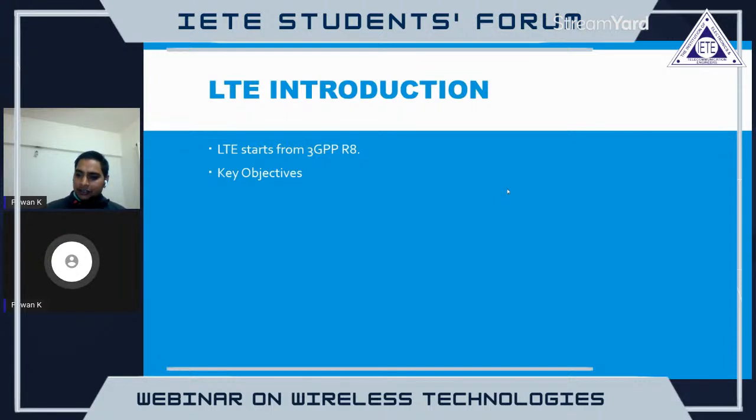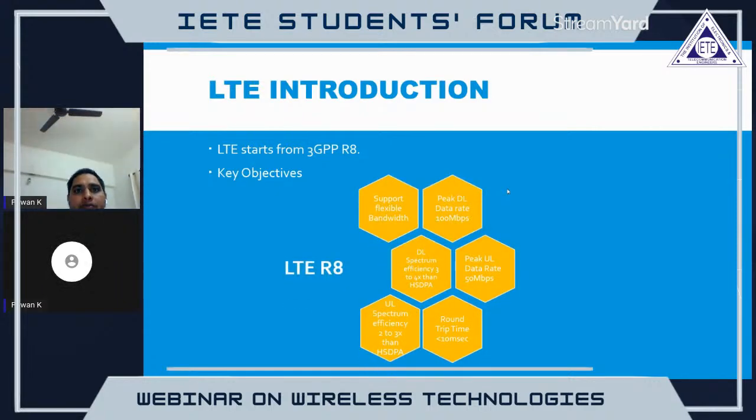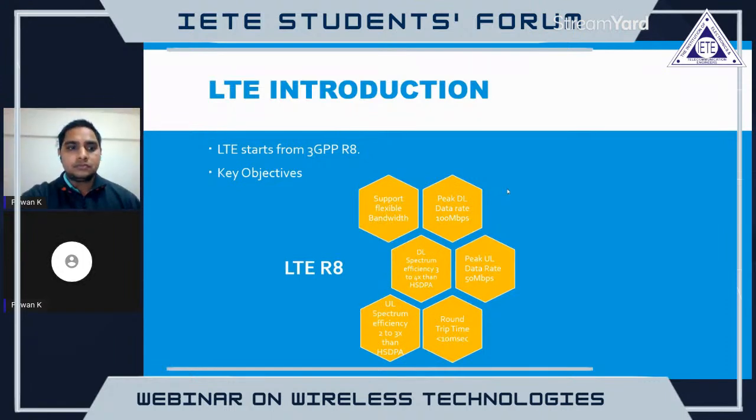So what are the key objectives of LTE that we'll see here? Everyone who is using an LTE phone, meaning a 4G phone, or browsing data, is very interested in how fast they are able to browse videos on their phone and how good an experience they will have with gaming services.